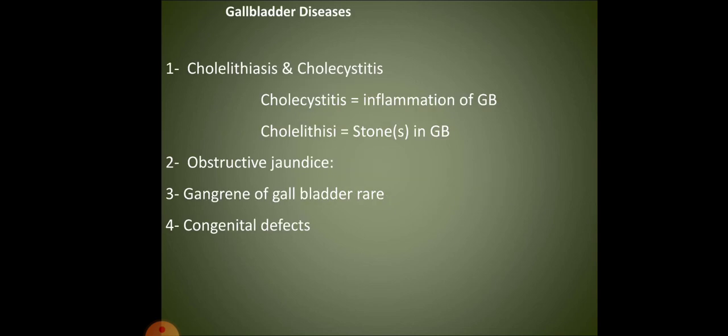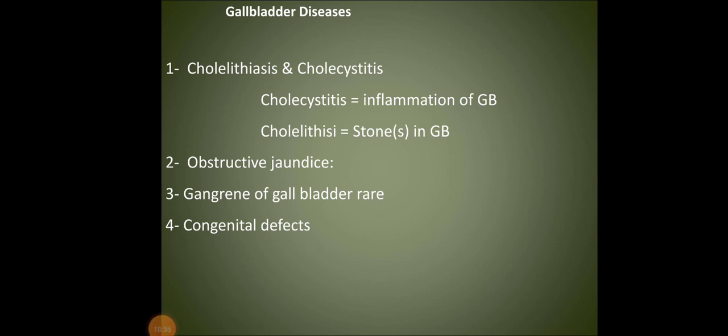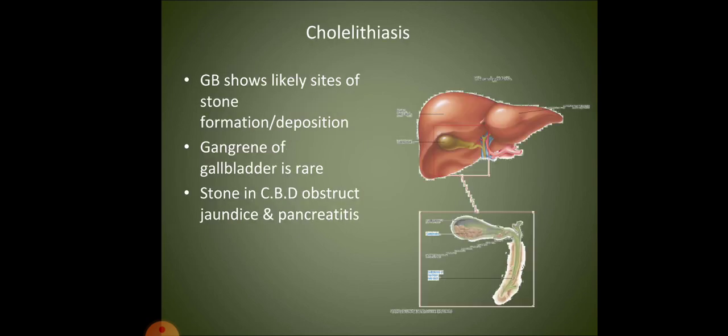Now the applied aspect, it is the cholelithiasis and cholecystitis. Cholecystitis means the inflammation of the gallbladder. Cholelithiasis means stones in the gallbladder. It causes obstructive jaundice, gangrene, and some congenital defects are also present in the gallbladder. So here we can see the cholelithiasis means formation of stones in the gallbladder.